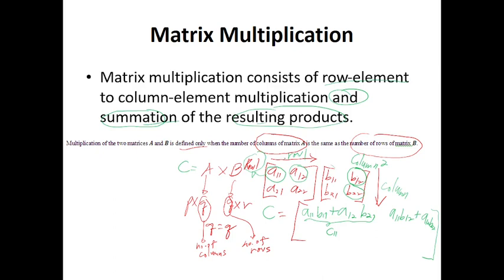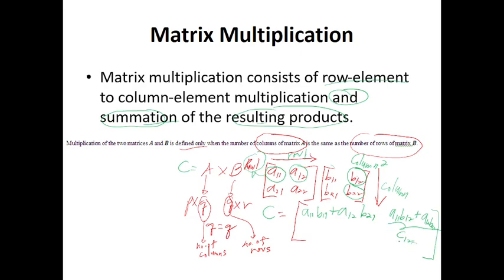Row 1 ng matrix A, column 1 ng matrix B. So, magkakaroon ngayon ng subscript na 1, 1 para sa matrix C. Ito naman, nanggaling sa row 1 ng matrix A, column 2 ng matrix B. So, C12. Row 1, column 2.